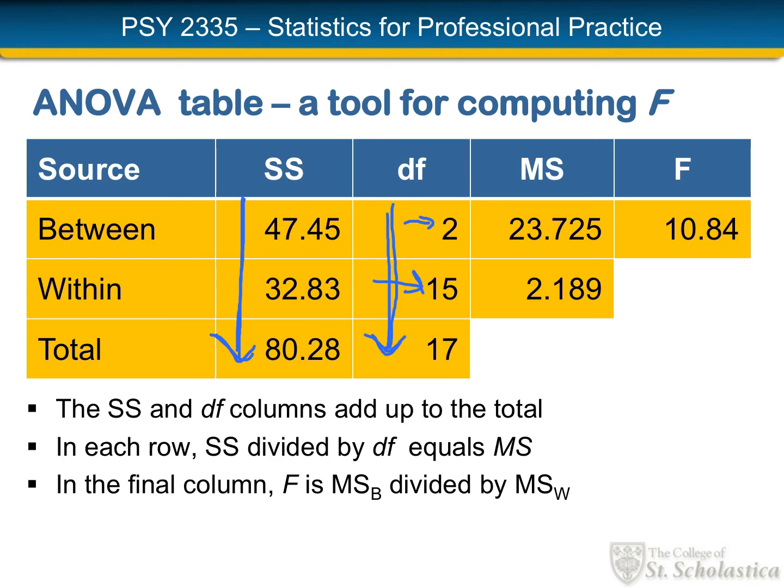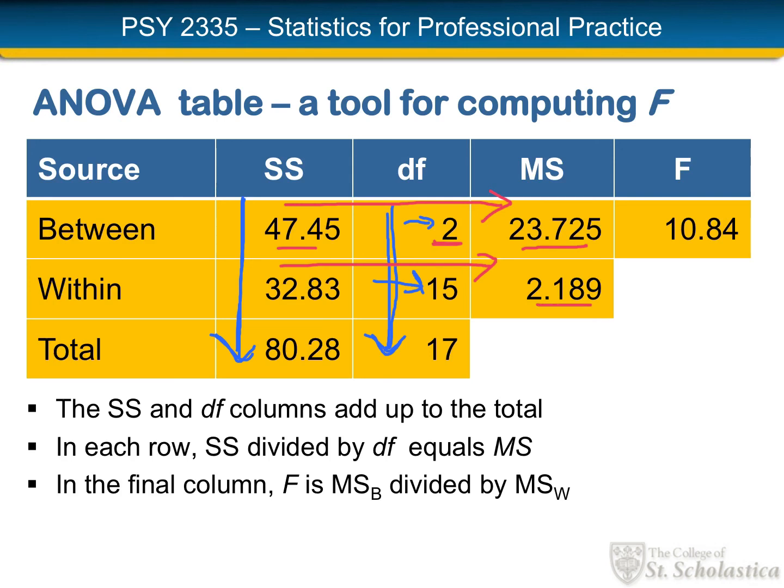Once I've got the components in that add up to totals, I can use the same table, but now moving across to do my next computations. I need to compute my mean squares, which take a particular sum of squares, divide by its particular degrees of freedom, and I get the mean square. So I can do that for between groups, and I can do it for the random variability within groups, and I have my 2 mean squares.